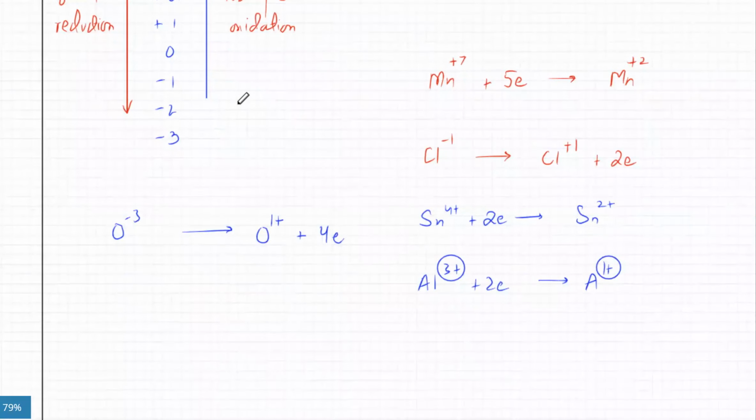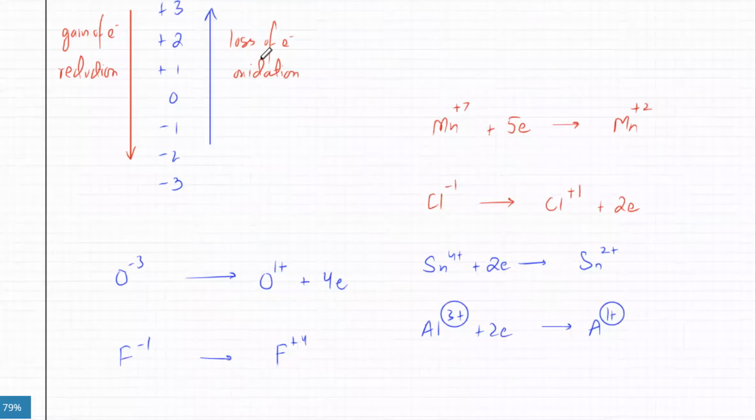So I'll do one more. F -1 to F +4. What went on over here? Gain or loss? Loss. Okay, so that is oxidation. Your charge is increasing, it's going up, you're losing electrons. How many electrons are lost? That is basically the difference between the charges.